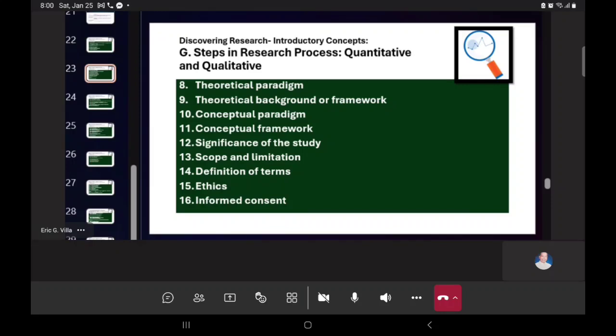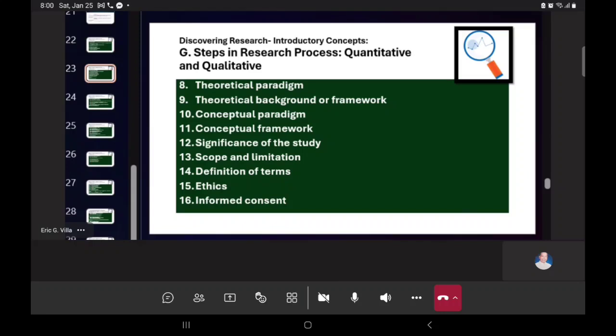Steps 12 to 13 are about research value and boundaries. This includes the significance of the study. In this section, it articulates the research's potential impact on theory and practice. It explains how findings might benefit various stakeholders and contribute to the field's knowledge base, justifying the investment of time and resources.